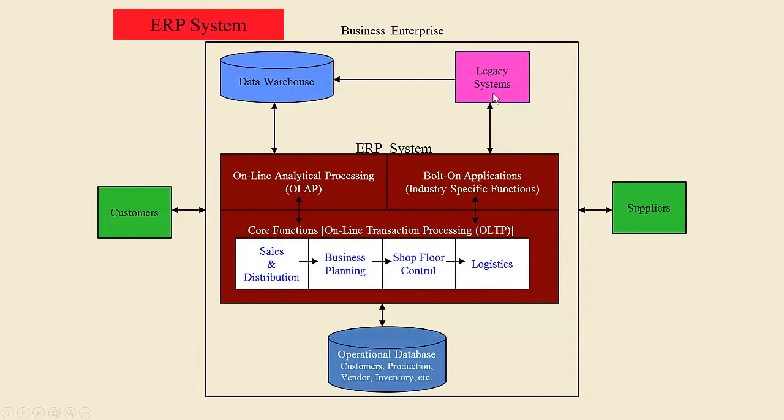Often part of the old business information system will be carried forward and then linked into the ERP system. And then outside the company itself, through again ERP modules and internet connections, there would be connections to various business partners, customers, suppliers, etc.